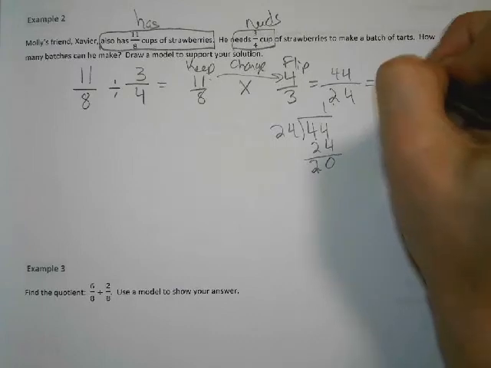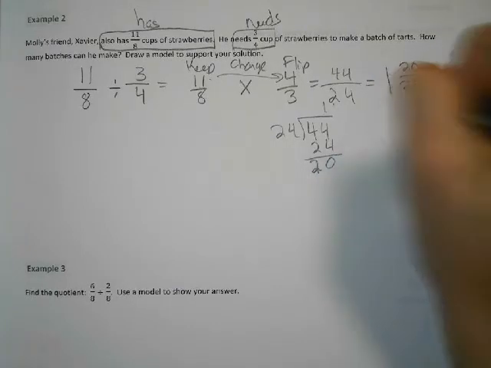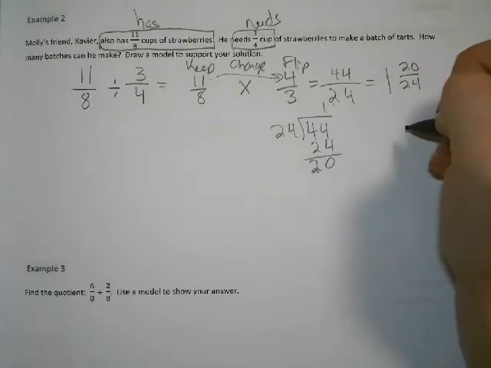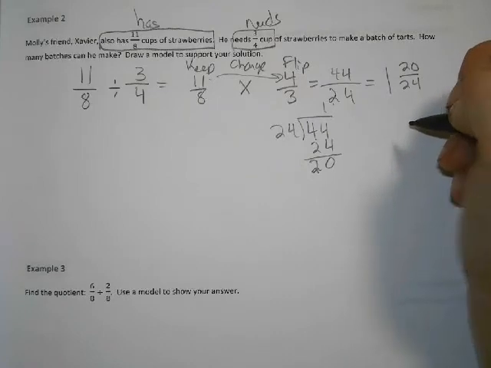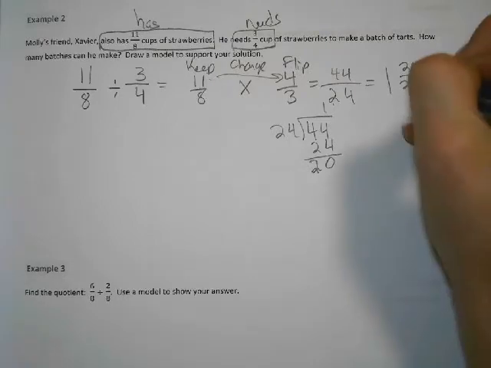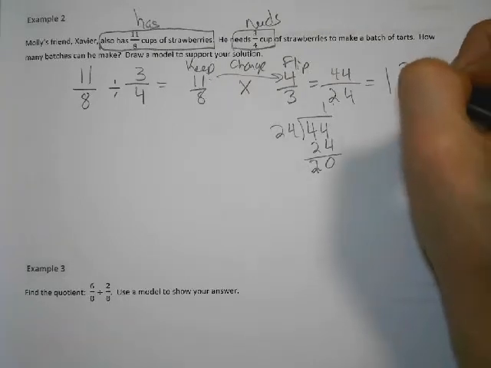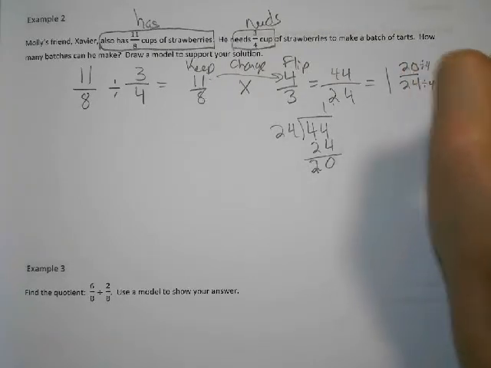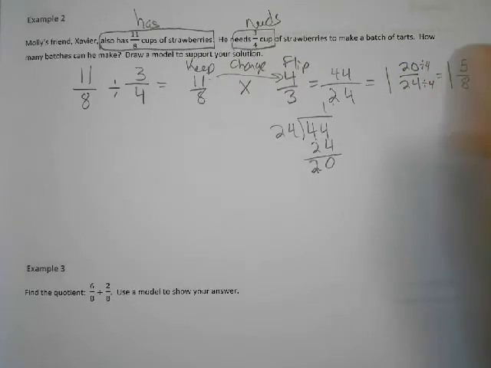So that would be a 20/24. But 20 and 24 both have a common factor. Their greatest common factor would be a 4. So I'm going to divide both of them by 4. And I'm going to get 1 and 5/6.